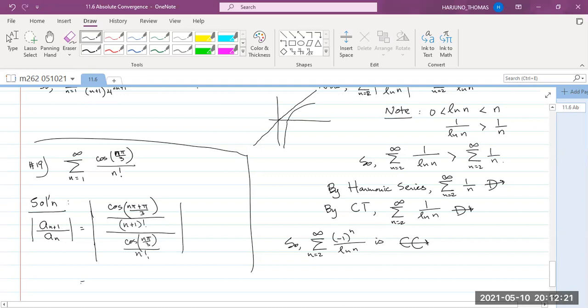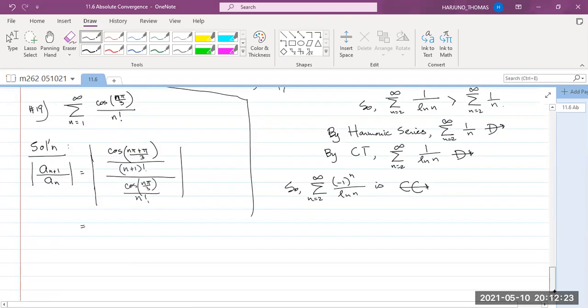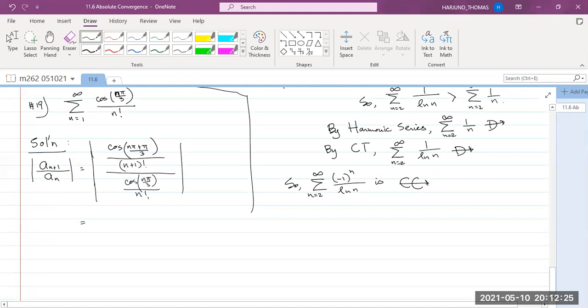Now, you may get distracted with the cosine. What should I do with the cosine? Don't worry too much. You know what? Now I realize it may not be true.